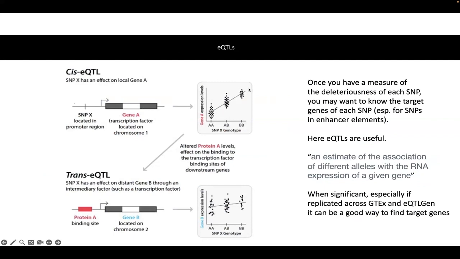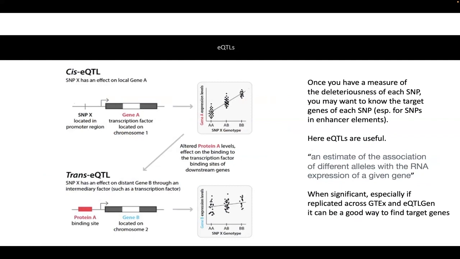And so, as you know, there's cis-EQTLs where a local SNP has an effect on a local gene, and then you have trans-EQTLs where there's an effect on a distant gene. And so the real difference is whether there's a local chromatin interaction or promoter gene expression effects. So this is a direct relationship of this SNP with this gene. You can see this in the correlation with expression.